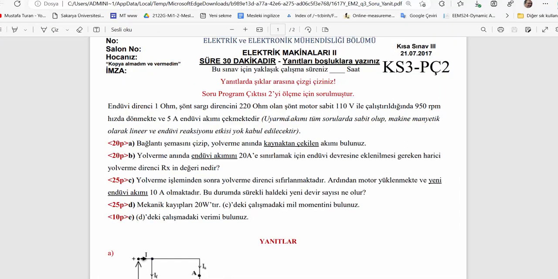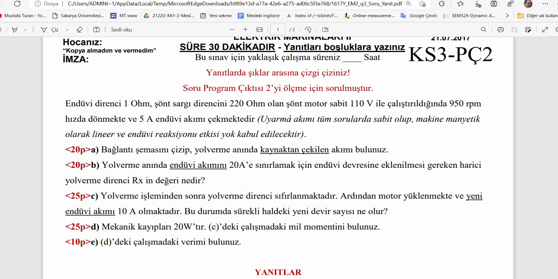Okay, here it is. The question looks similar. Let's try to solve this question. First, understand. A DC machine has 1 ohm armature resistance and 220 ohms shunt resistance.